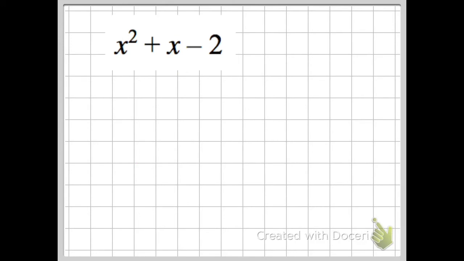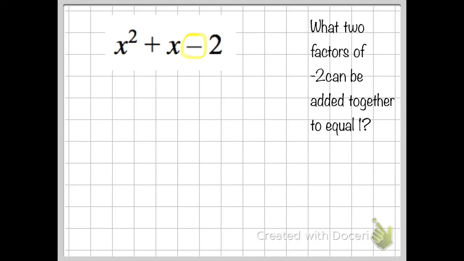Okay, this one looks almost identical, but the sign of the x is different. It's positive. So the question is, what two factors of negative 2 can be added together to equal positive 1? Once again, the only way we can get a negative sign is if one of the factors is negative. And now we want them to sum together to equal plus 1. So the numbers are negative 1 and positive 2, because negative 1 plus 2 is 1.